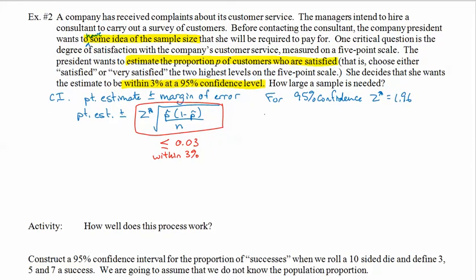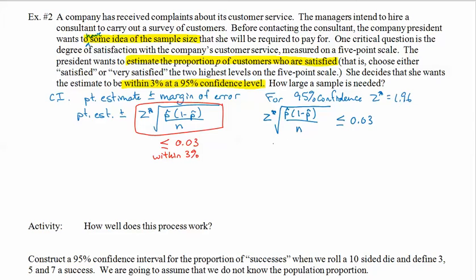So therefore, in order to calculate what n is, we need to do some rearranging first of all. So a little bit of algebra. We'll take our margin of error. We know it has to be less than or equal to 0.03.